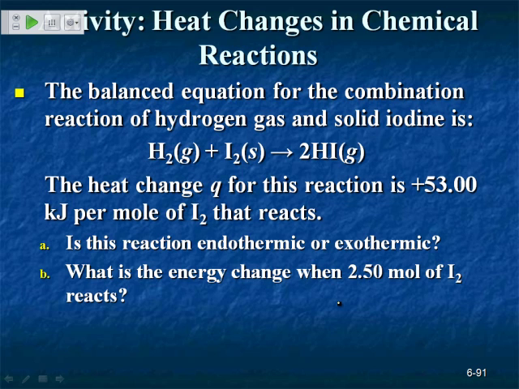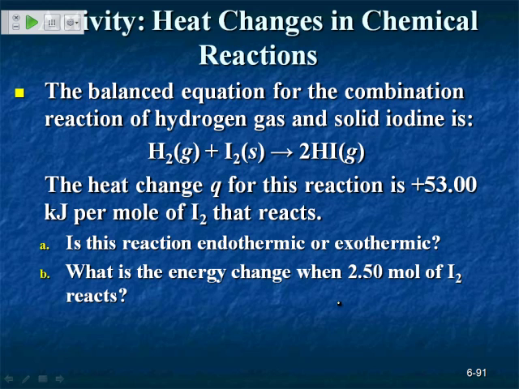Hydrogen and iodine combine together forming HI, hydrogen iodide. The balanced equation is given to you, and it says the heat change Q for the reaction is positive 53 kilojoules per mole of iodine that reacts. First question, a logical one: is this reaction endothermic or exothermic? It is an endothermic reaction. How can you say that?